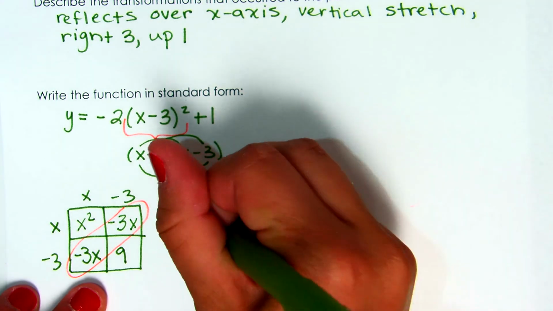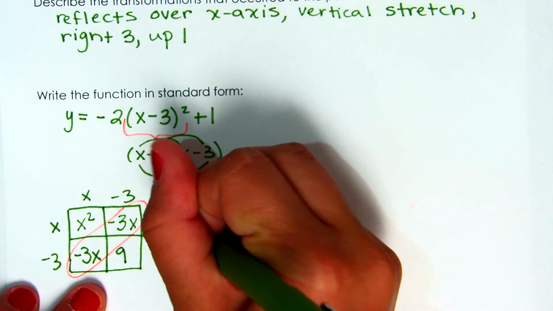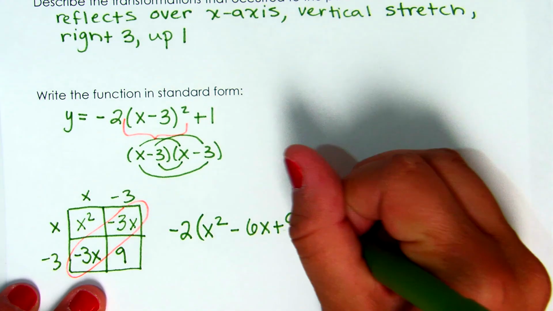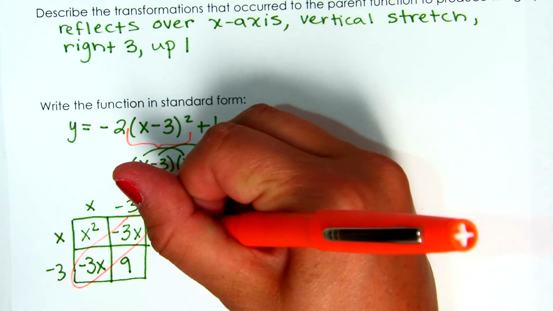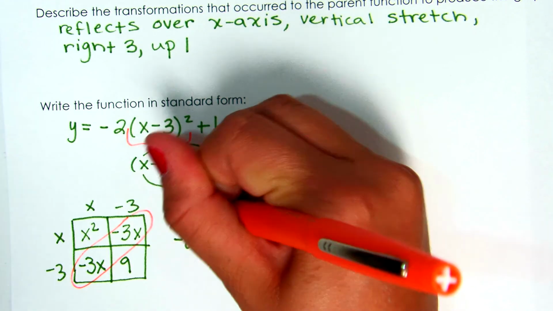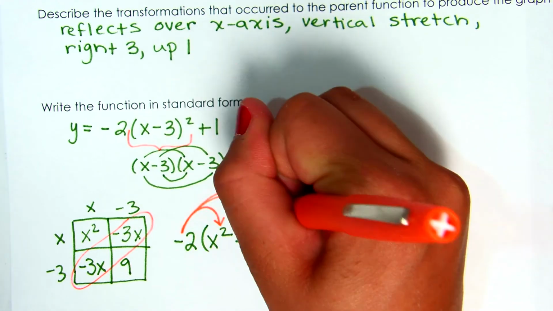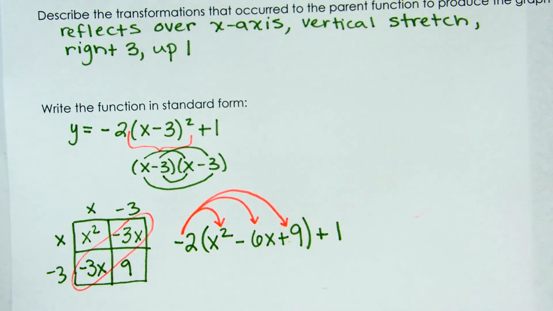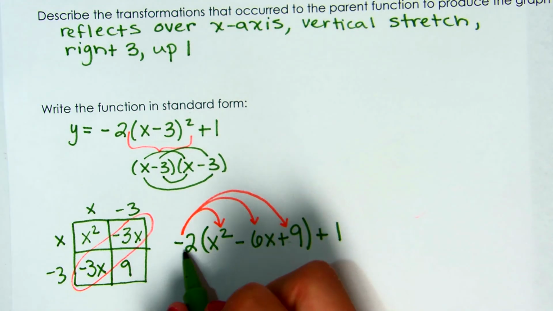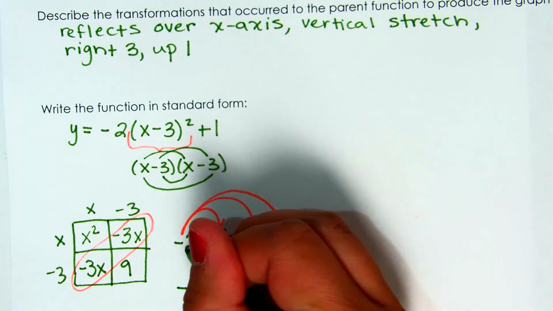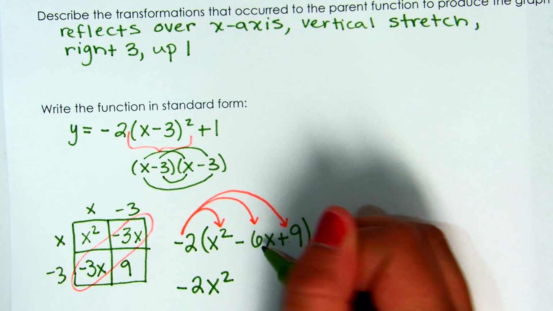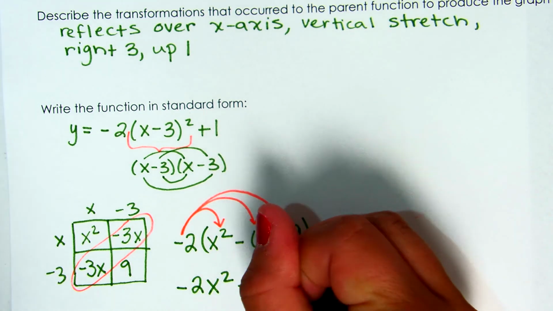Now I have to fill in everything else that was left around it. I had a negative 2 in front of it, and I had a plus 1 at the end. And now I'm doing order of operations. Order of operations tells me to multiply first. So I have to multiply by distributing this negative 2 to all 3 items inside the parentheses. Negative 2 times x squared is negative 2x squared. Negative 2 times negative 6x is a plus 12x.